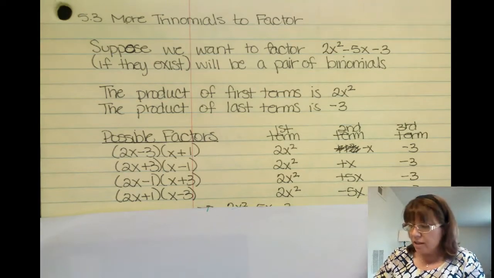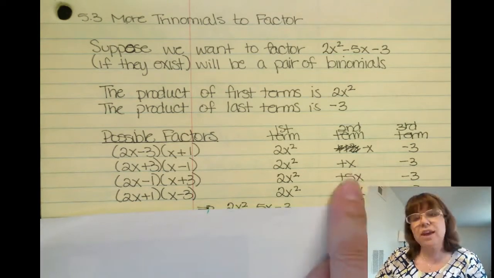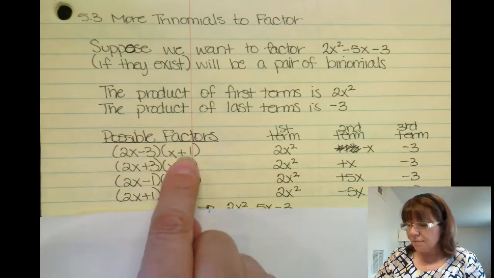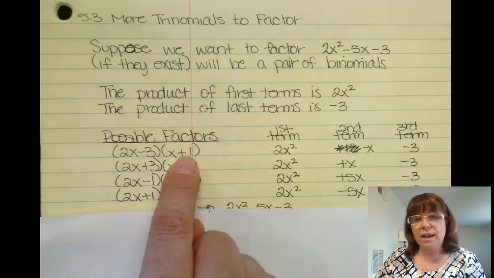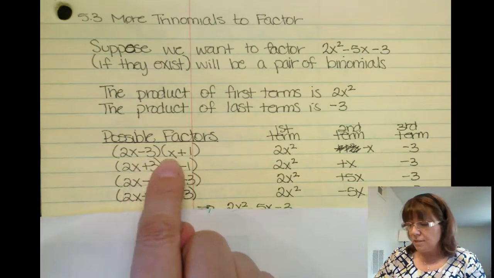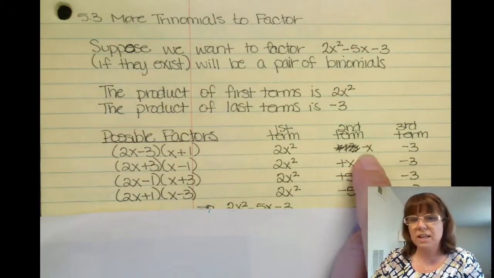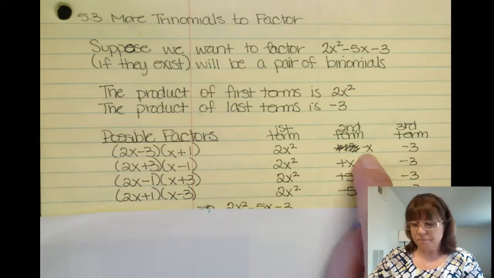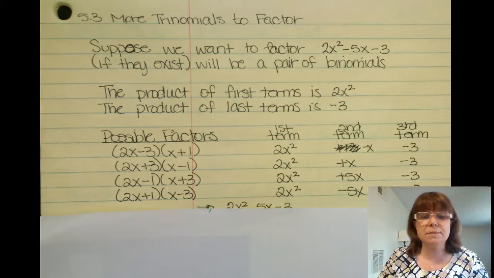So really, I only am concerned about that second term. So 2x times 1 is 2x. Negative 3 times x is negative 3x. Therefore, my second term, if I chose those possible factors, would be a negative x. I don't like how I'm explaining this.